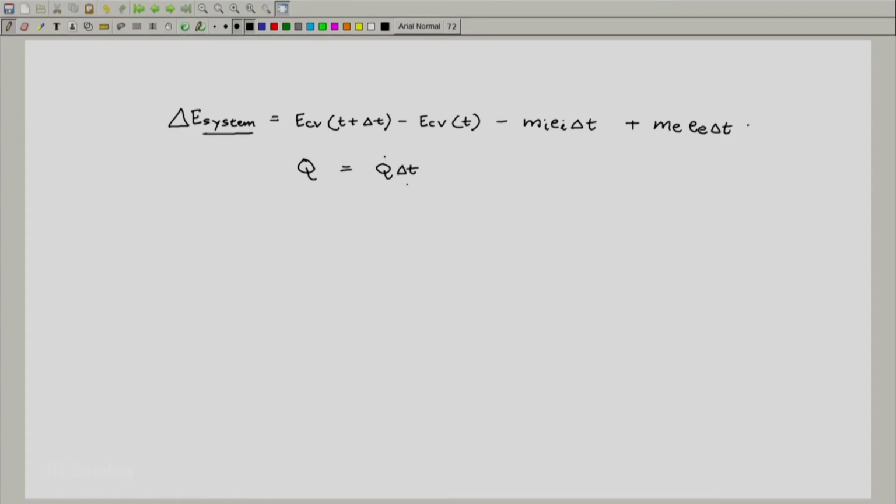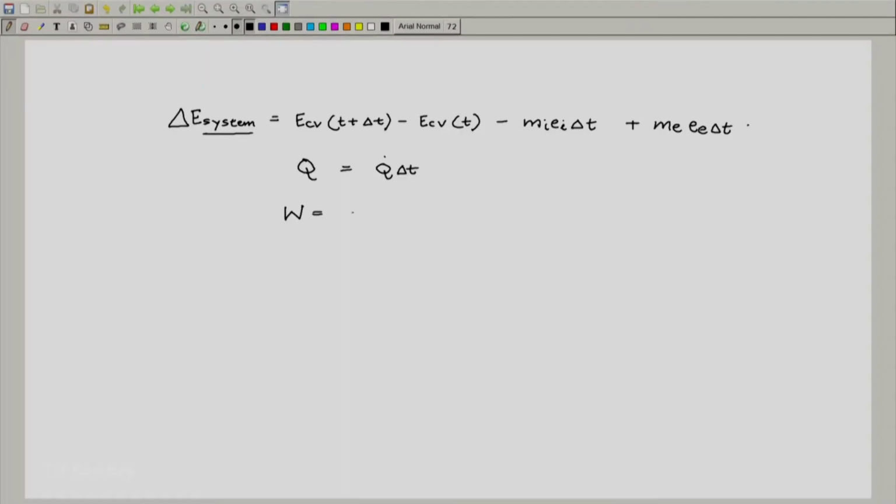What is W dot? We have said that it is made up of three components. One is W dot S, and then there is the work at the inlet and exit. So, in this expression WE is the work at the exit and WI is work at the inlet, and we will now write down expressions for WE and WI.